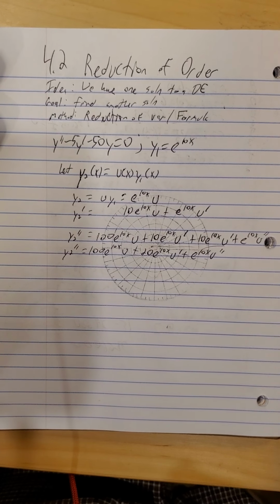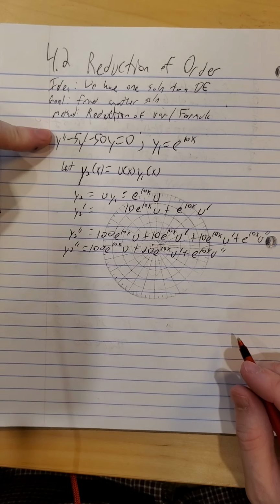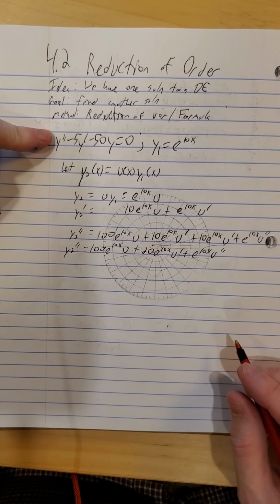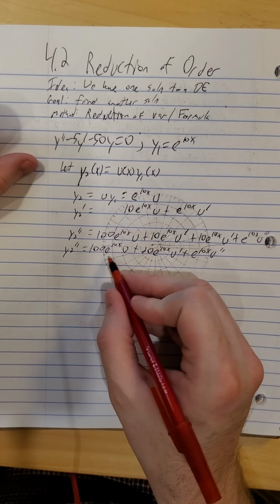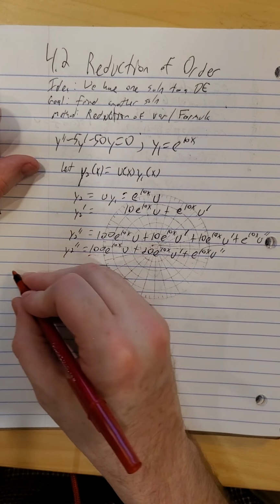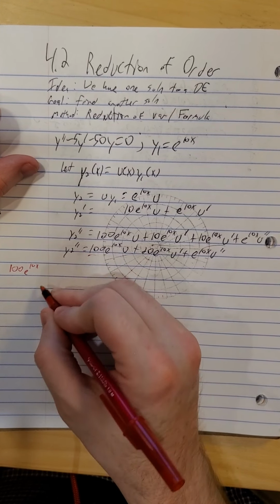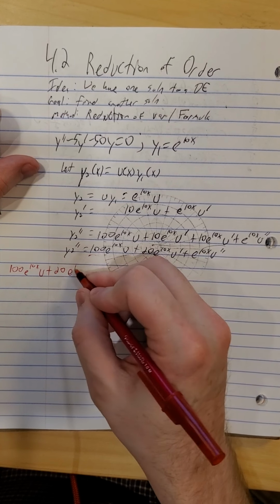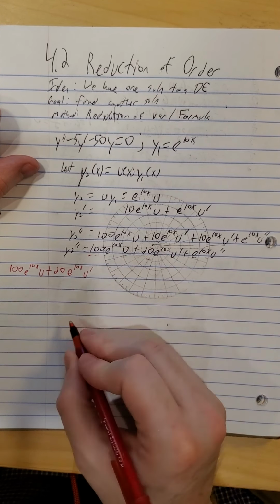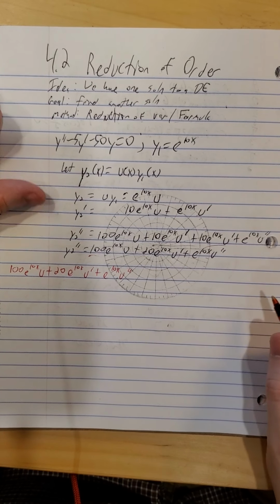So now we're going to do a little bit of substitution. We just plug this into the original and see what shakes out. So y double prime, that's going to be this guy: 100 e to the 10x times u plus 20 e to the 10x u prime plus e to the 10x u double prime.